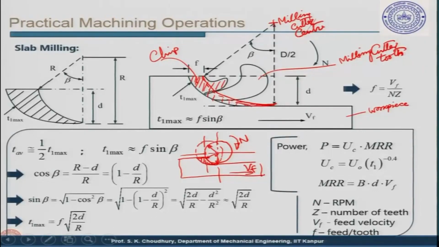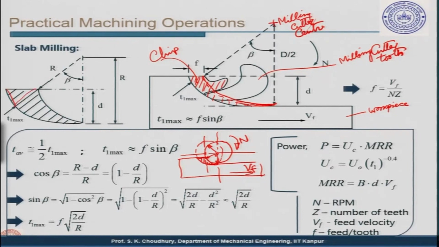Now, in case of grinding, we will see that this becomes the same thing, that it goes from 0 to t1 max, and the t1 average is taken as half of the t1 maximum. Okay. Now, t1 maximum, if this angle is considered to be beta, let us say this angle is beta, then t1 maximum you can roughly find out from this triangle, if we approximate this as a straight line.